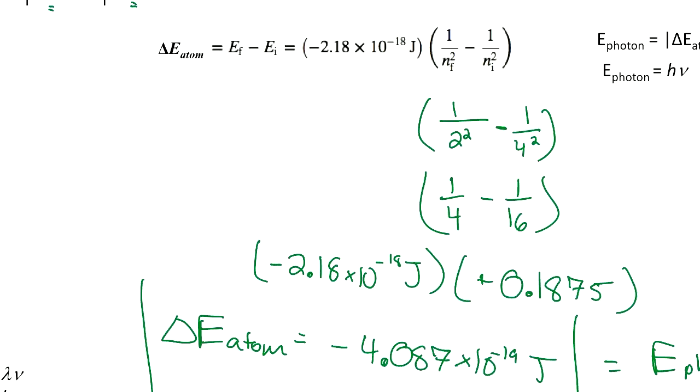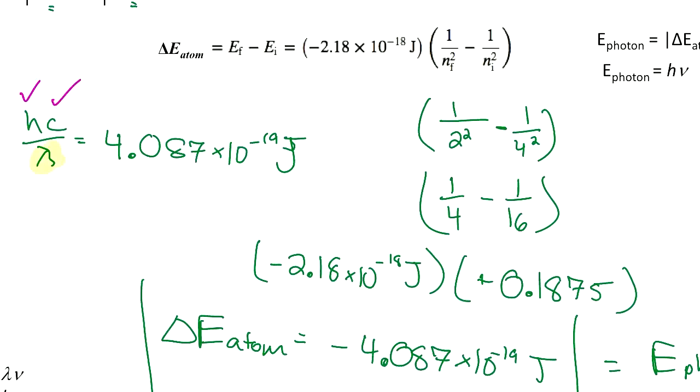So what we see here, and we've done calculations like this before, is that the energy of our photon is equal to hc over wavelength, and we just calculated that it is equal to 4.087 times 10 to the negative 19 joules, right? So we want the wavelength. We know what Planck's constant is. We know what the speed of light is.